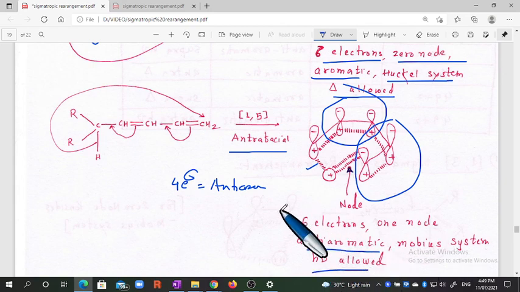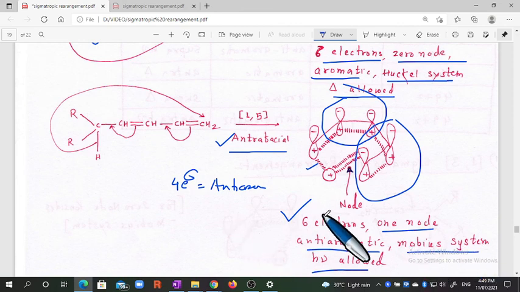Okay, we can easily identify the 6 electrons by how many electrons are in the system, and if it is antarafacial, there should be a node, and if a node is there, it is a Mobius system. By the mode of migration of the groups, we can predict whether there is a node and a Mobius system.